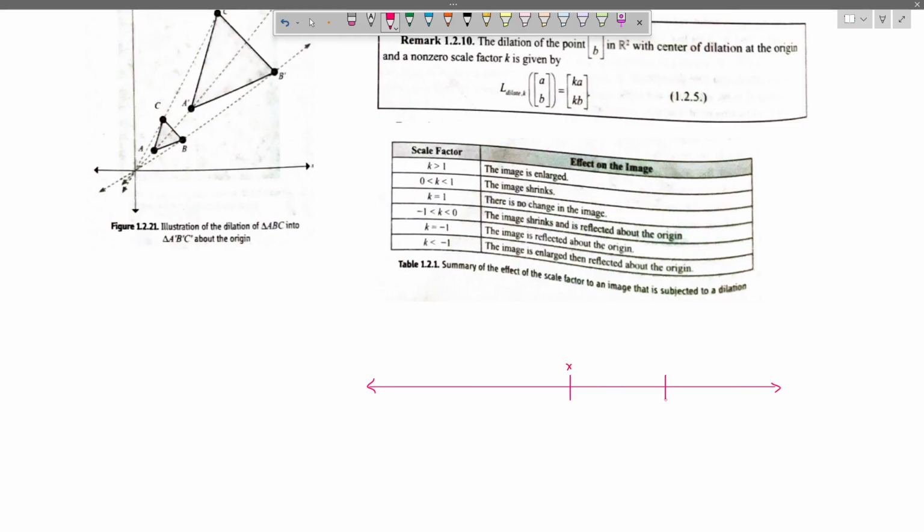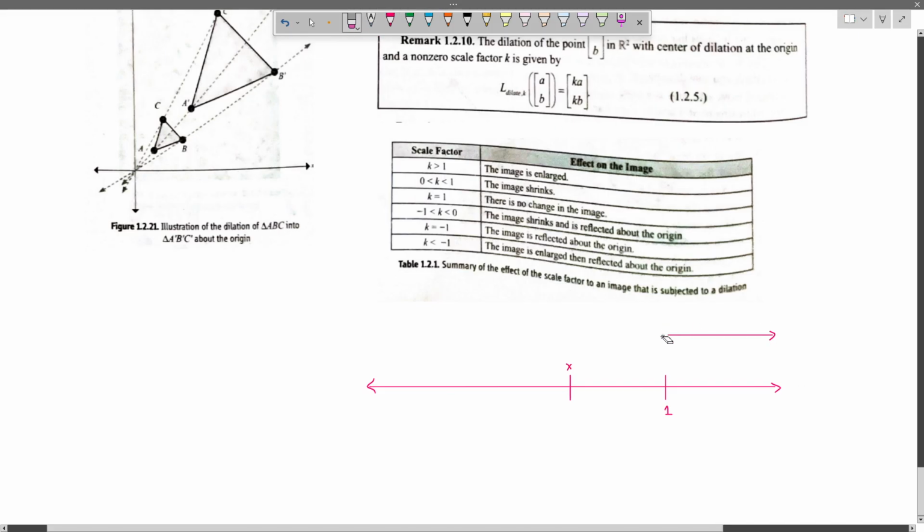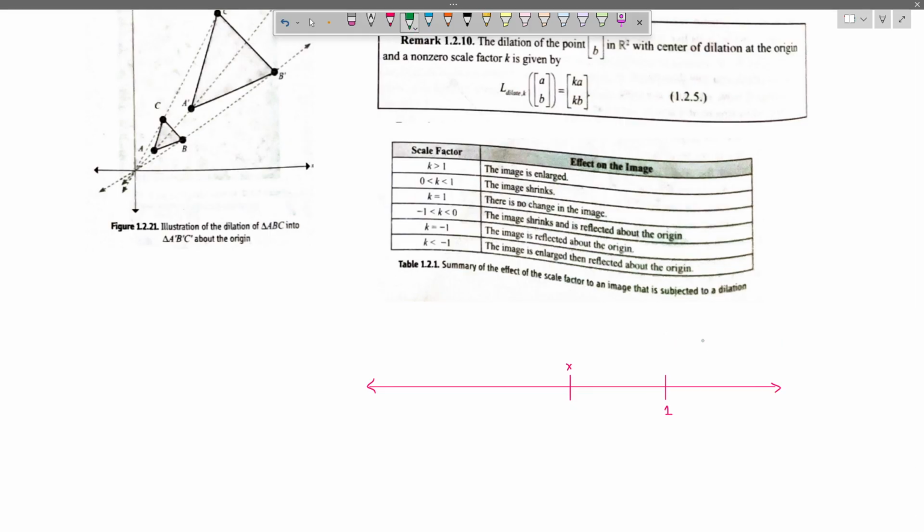And then if the scale factor is greater than one, we know that the image will be enlarged.